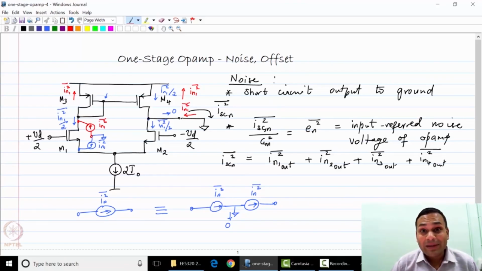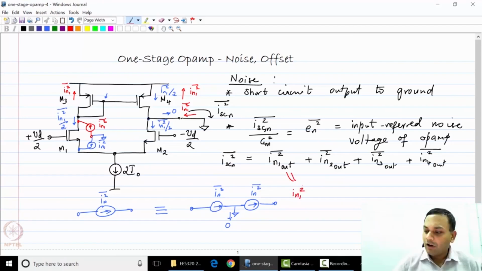The direction of the current doesn't matter, because this is a noise current. You are only looking at the square of the noise current. It is only the noise power that matters. So clearly all of the noise of M1 ends up at the output node.